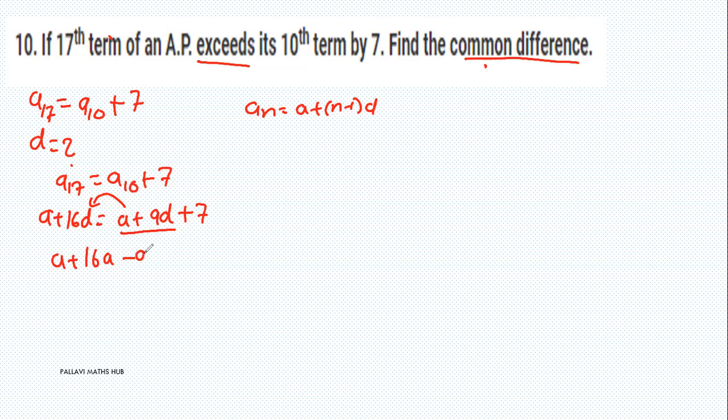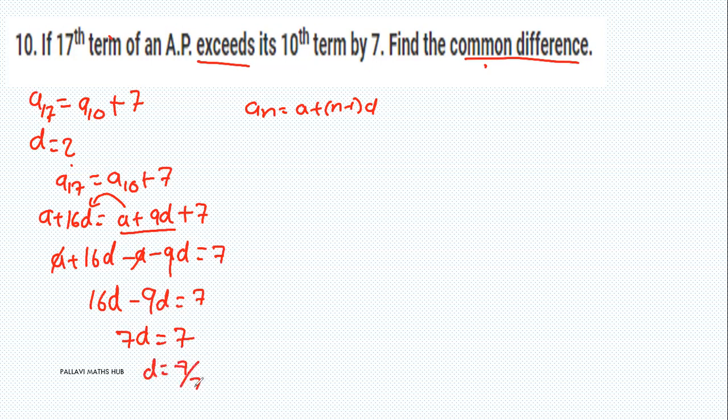It will become minus A minus 9D is equal to 7. Plus A minus A gets cancelled. 16D minus 9D is equal to 7. 16D minus 9D is 7D is equal to 7. D is equal to 7 by 7. 7 gets cancelled. You will get D is equal to 1.